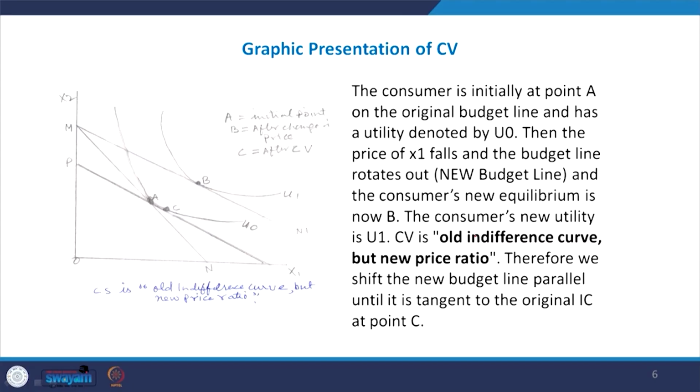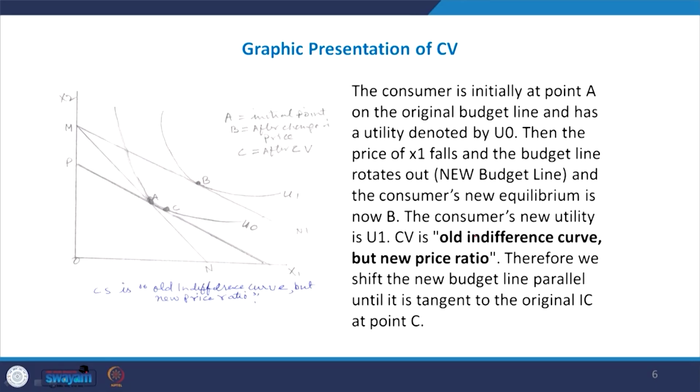You have to cut down the income of the consumer that can be spent on two products in such a manner that the new price line, or compensatory price line, is parallel to the MN1 budget line, meaning the price ratio has changed after the decline in the price of X1.